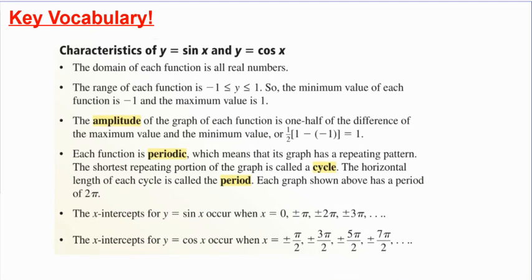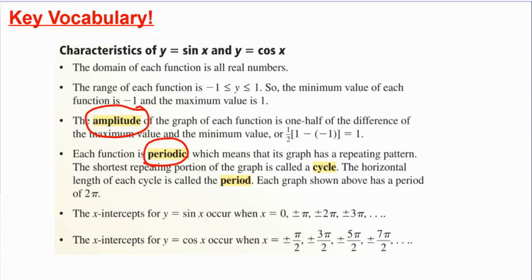All right, so in this slide, we talk a lot about vocabulary. If you are concerned about remembering your vocabulary, I highly recommend you pause the video right here and copy down especially these key terms. Amplitude, which talks about how tall a graph is. Periodic, meaning that it repeats exactly the same pattern over and over again.